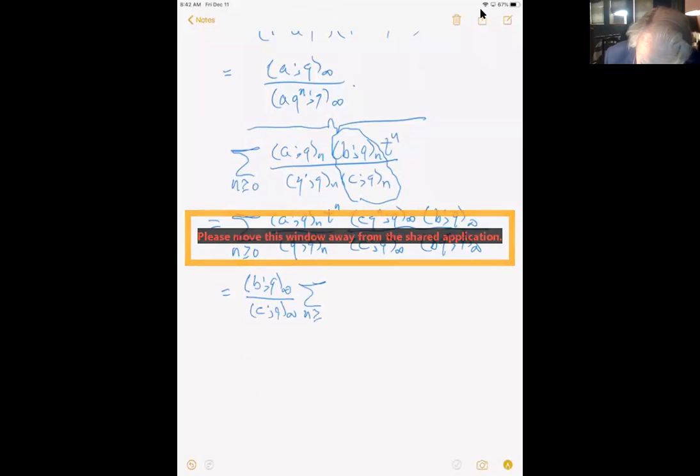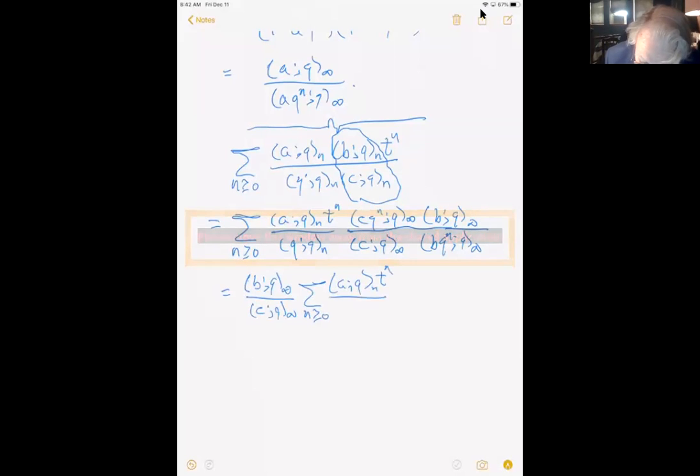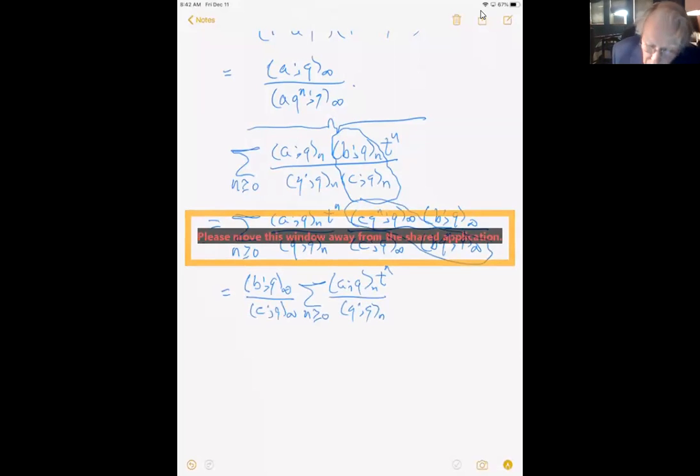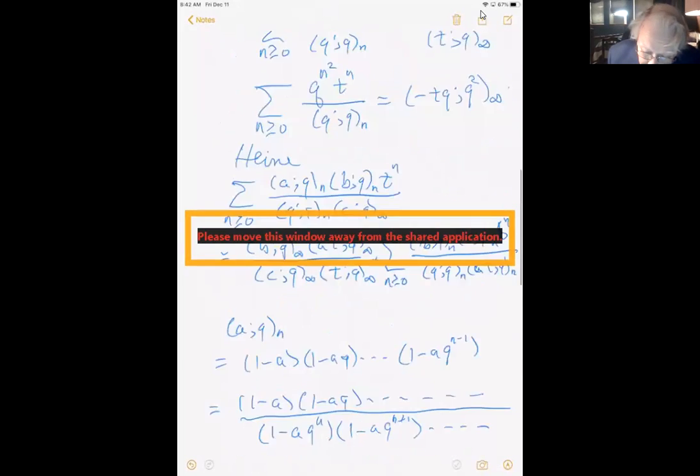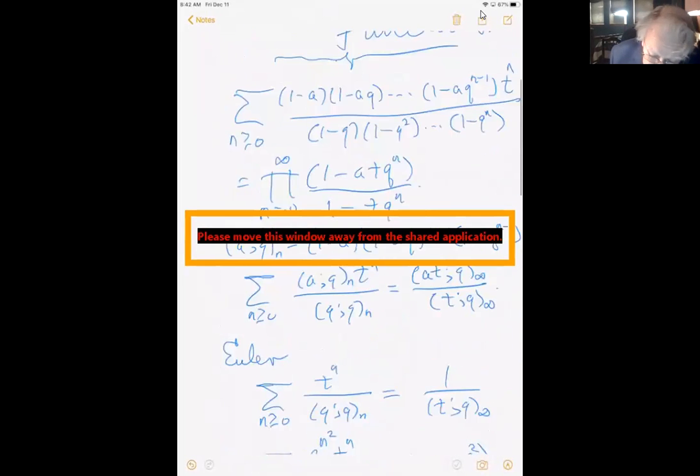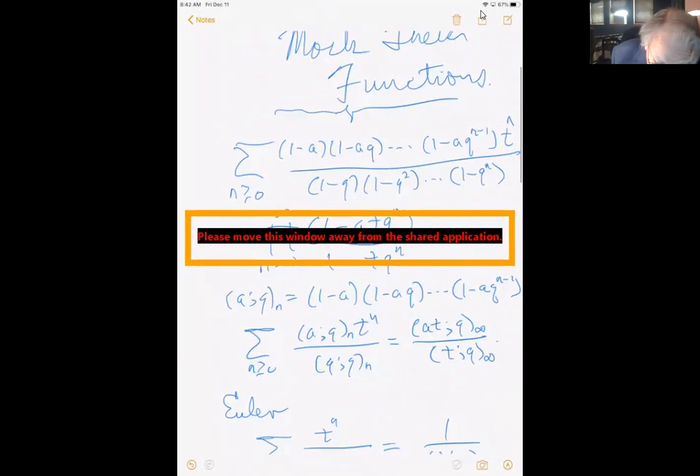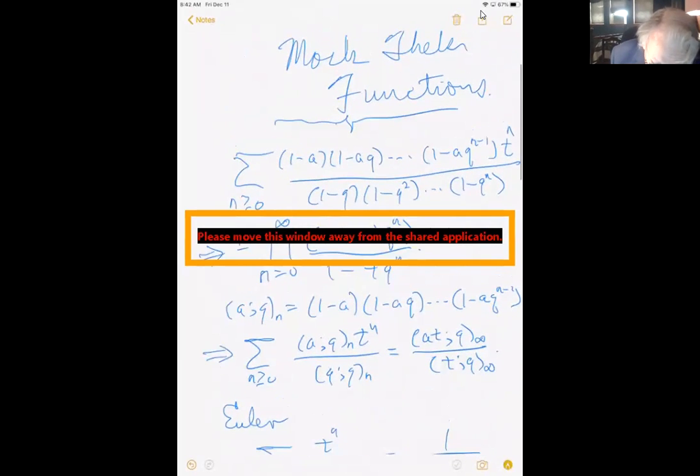And the summation n greater than or equal to 0, the first terms stay exactly as they were. And this expression is a quotient of two infinite products. And so you invoke this result right here, or in this form.